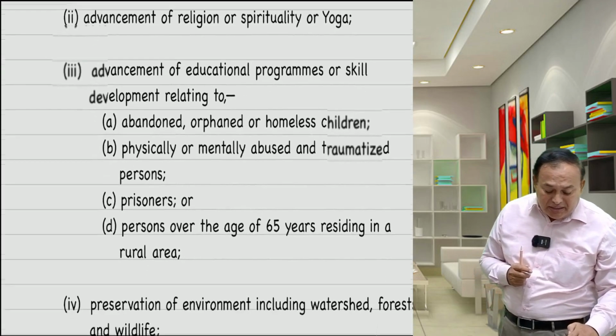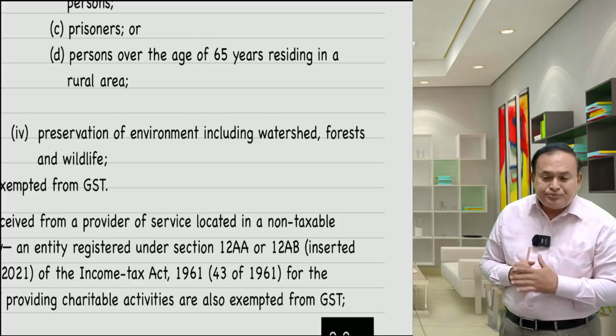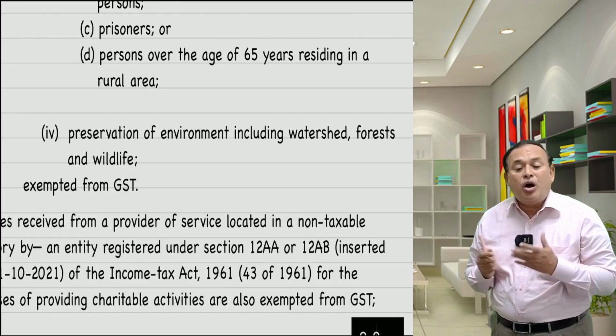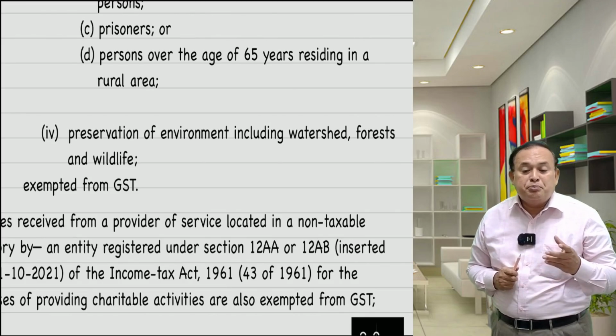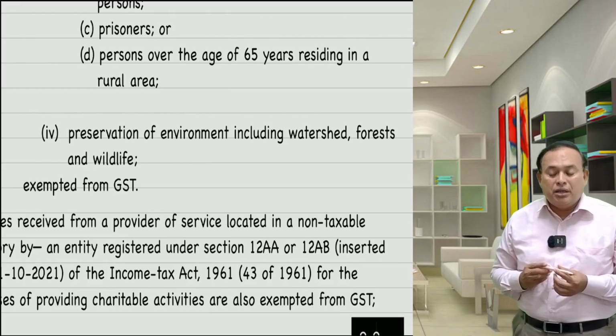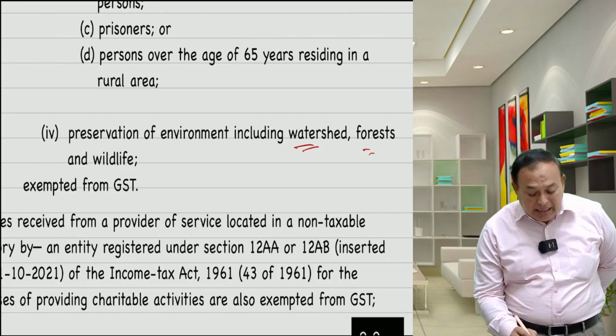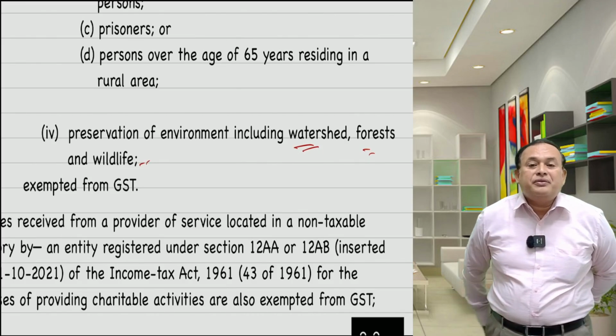Further, if such a charitable entity registered under Section 12AA or 12AB offers services of preservation of environment including watershed, forest and wildlife, it qualifies for exemption.